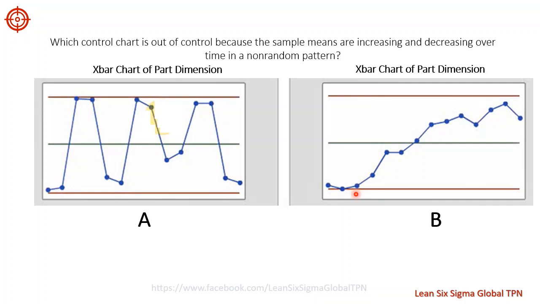You can see the answer is A. The points are systematically increasing and decreasing, indicating that the samples are from two different populations. This control chart exhibits consistent shifts in mean values over time. The subgroups may consist of two parts that were made with two different parameters. We should investigate the process to find the cause of this pattern in mean part dimension.